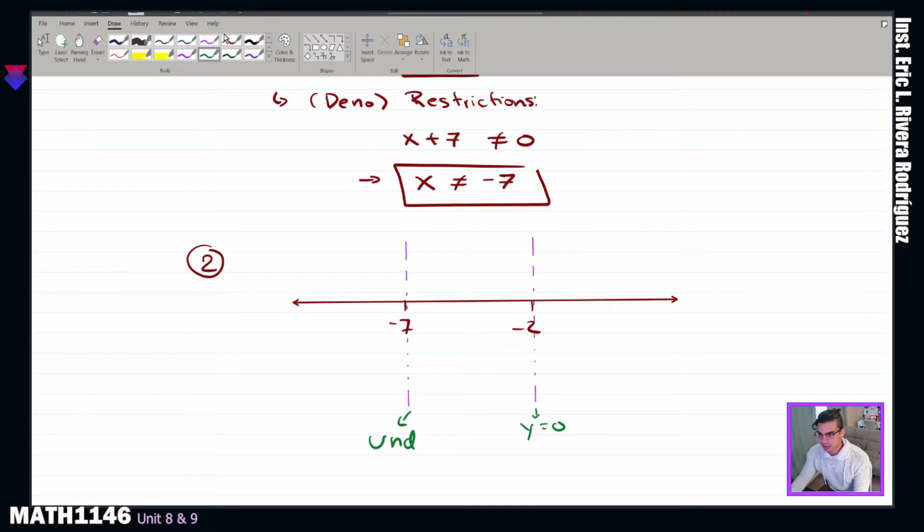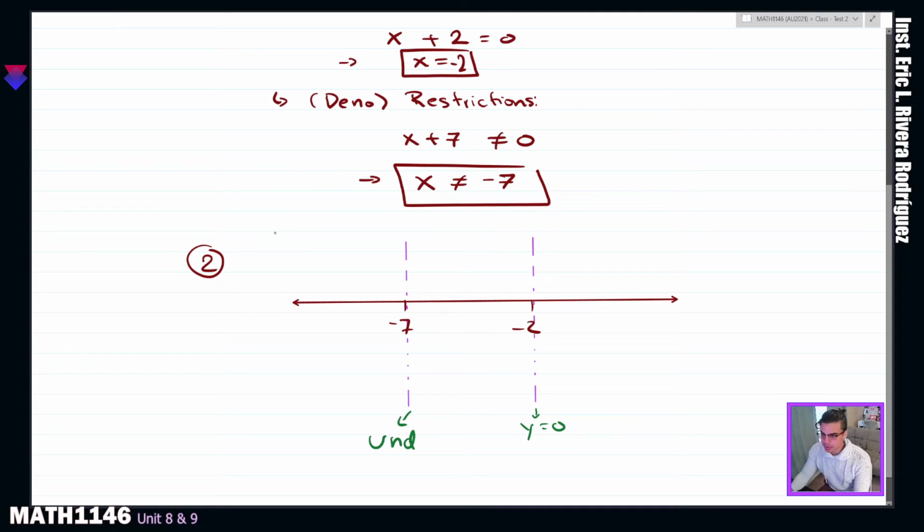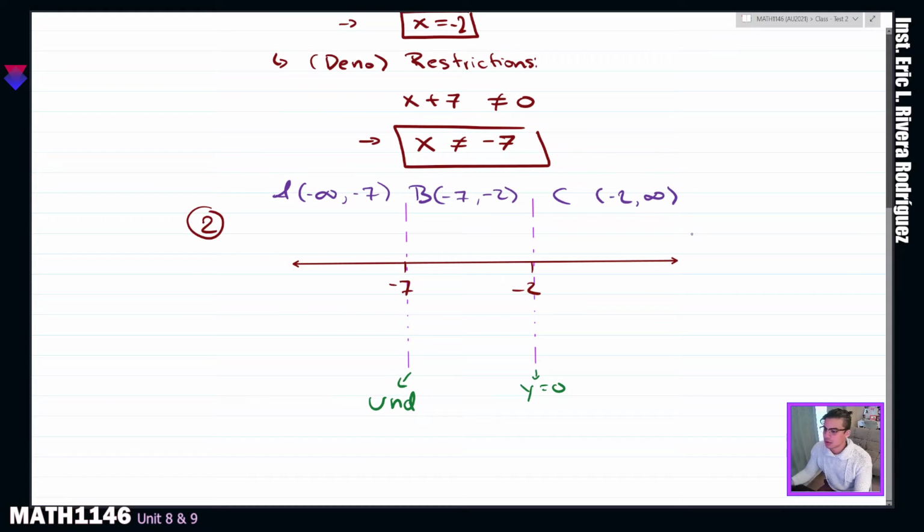So in this occasion, what you want to do is to evaluate each region. The one that I'm going to select from region A is going to be -10, B is going to be -5, and C is going to be 0.